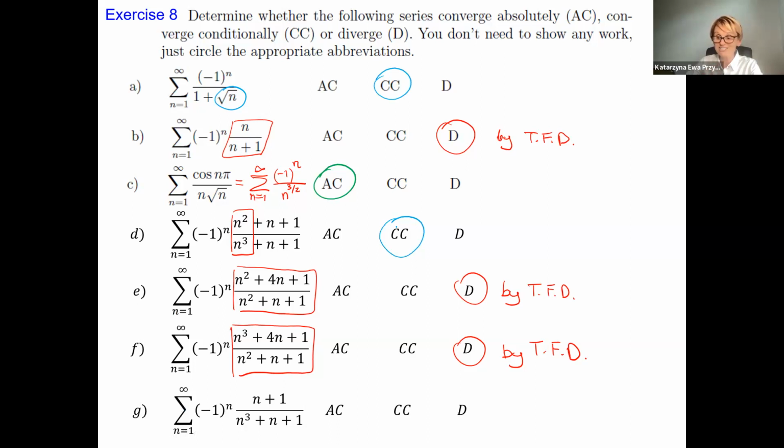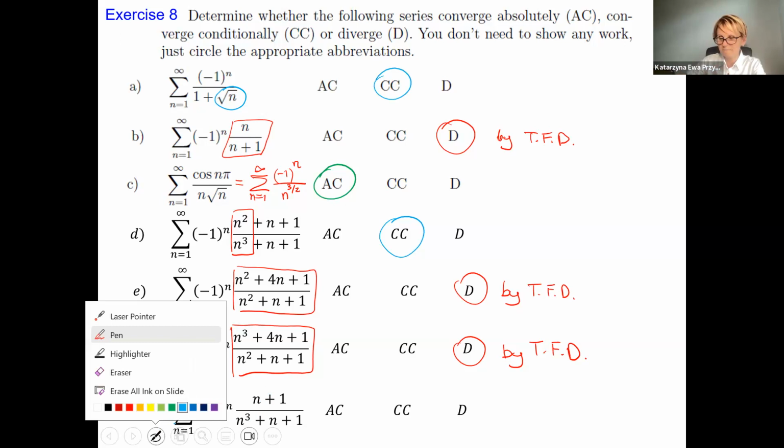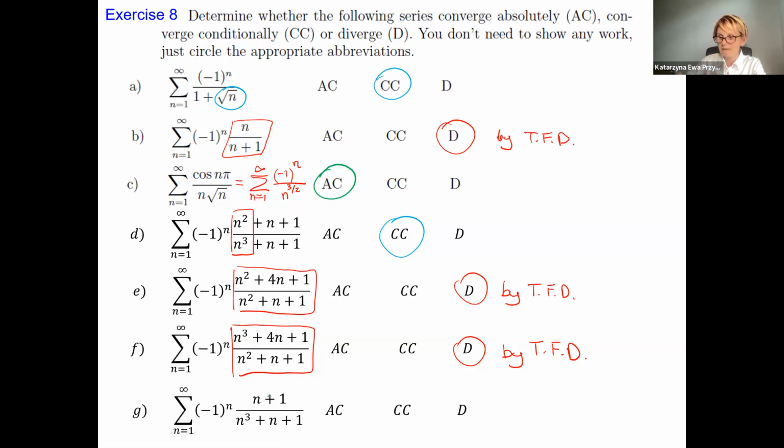Okay, and the last one on this page. Similar justification. Yes, it will be AC, absolute convergence. Convergent by AST, definitely. Positive, limit 0, and you will prove that it is decreasing. What color do I need? Green. But now, removing negative 1 to the n because of the absolute value, we will focus on the leading terms, and when we cancel out, it's 1 over n squared.